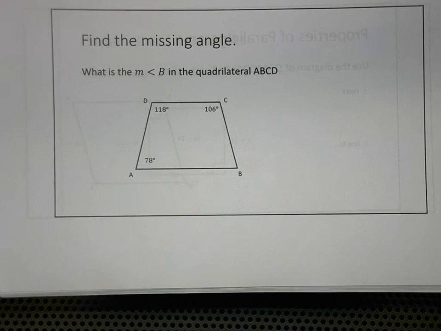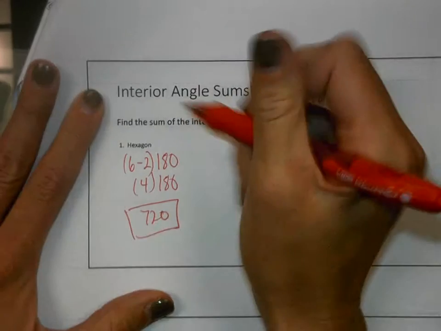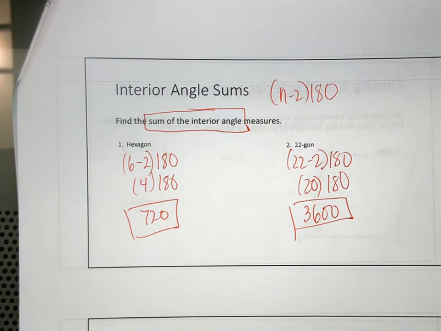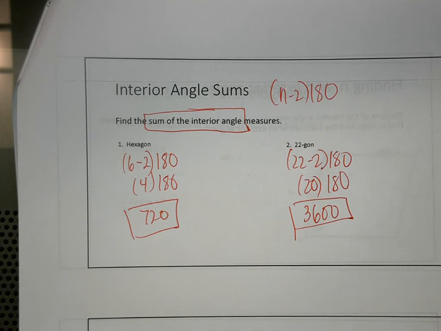Next one, find the missing angle. Devin: on 1, how can it be divided by 6 on the angle? Because it asks for the sum of the interior angles. Sum of the interior angle measures. You know what? Do you guys agree? Should we have divided?